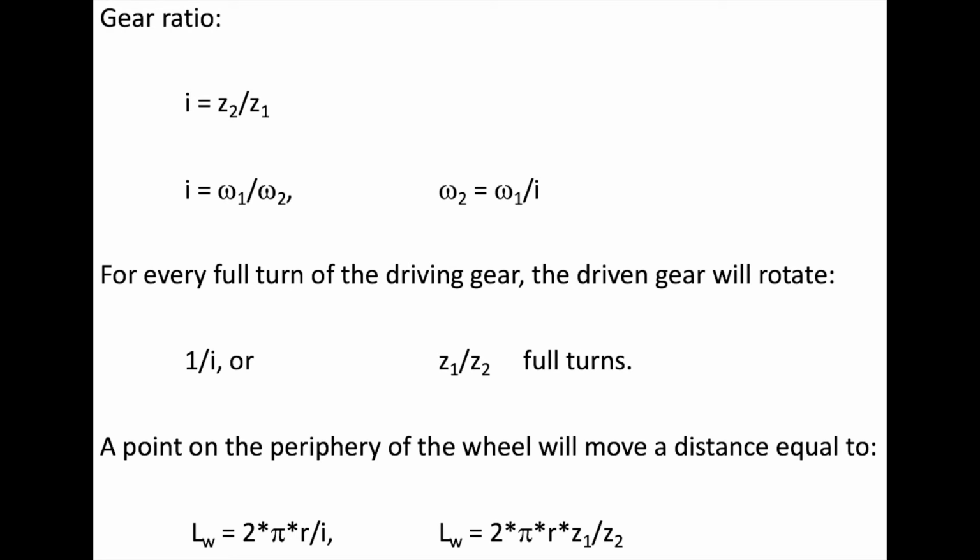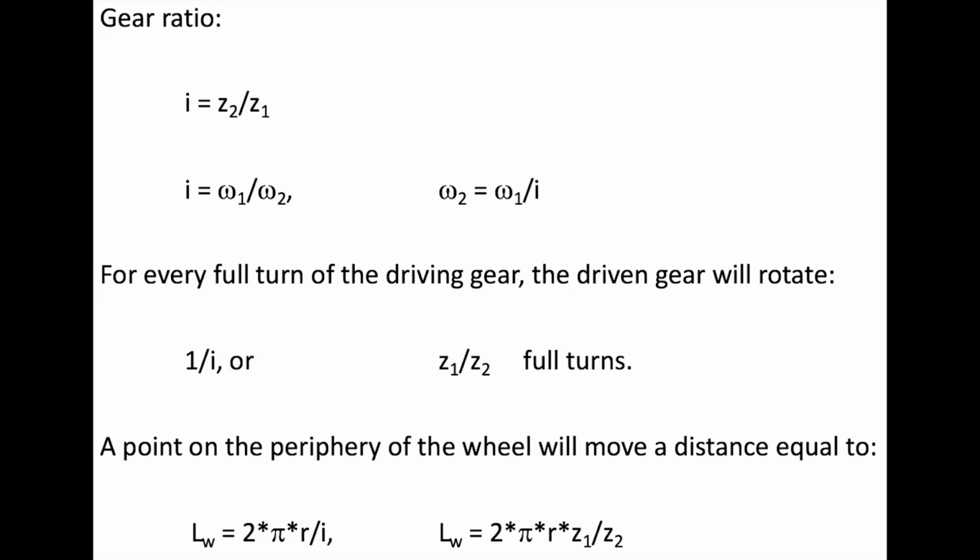The number I equals Z2 divided by Z1 is known in the industry as the gear ratio. It is actually the rotational speed of the first, or driving, gear divided by the rotational speed of the second, or driven, gear. I equals omega 1 divided by omega 2, or omega 2 equals omega 1 divided by I.